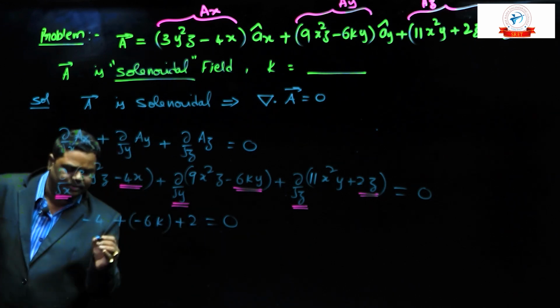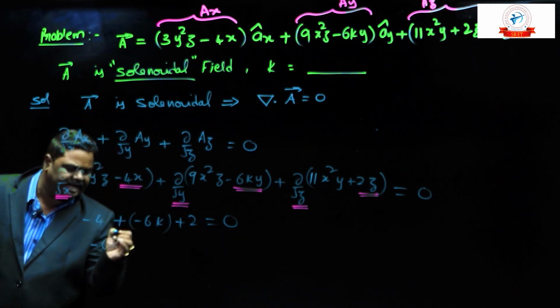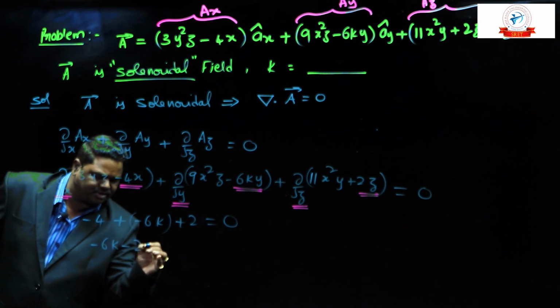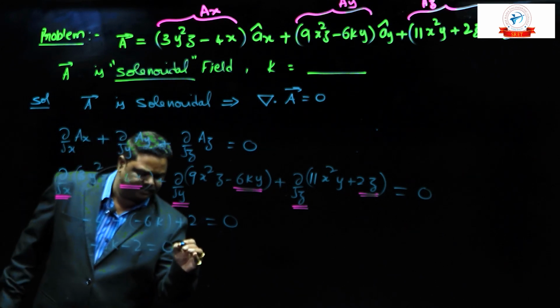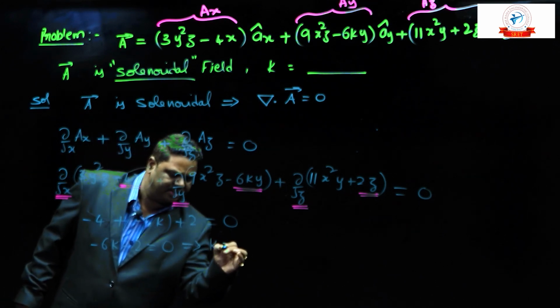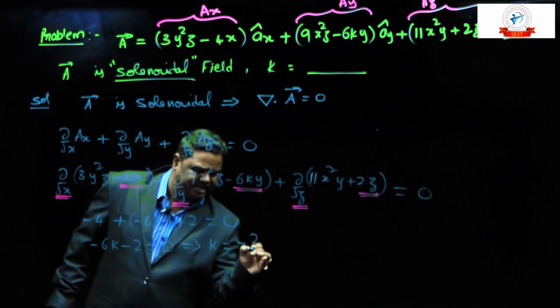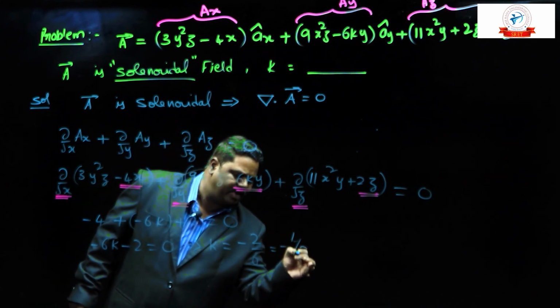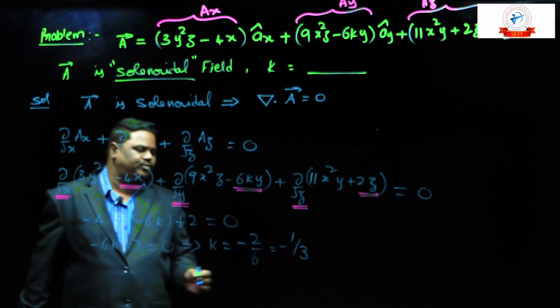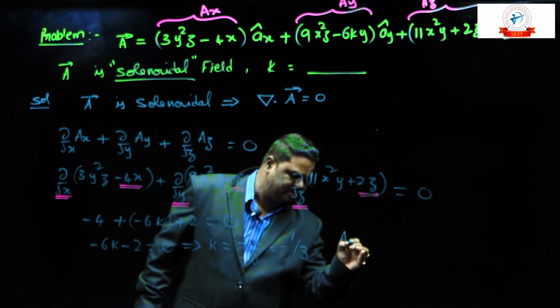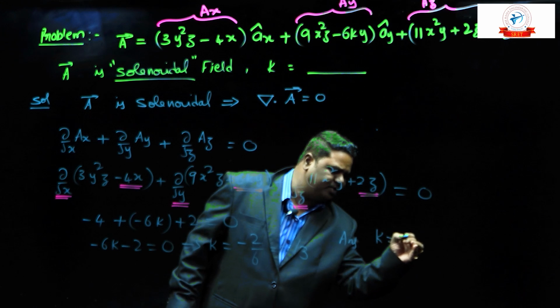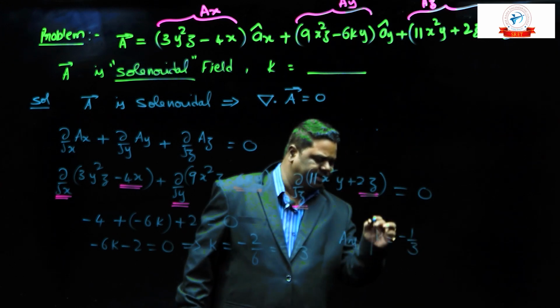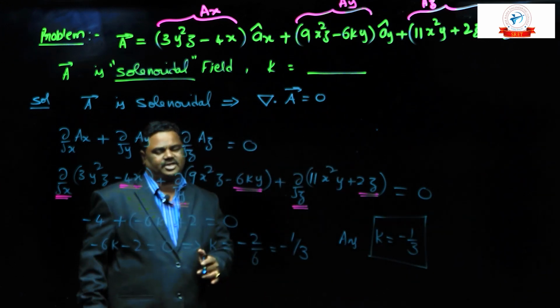So it will be minus 6k minus 2 is equal to 0, which implies k is equal to minus 2 by 6, or minus 1 by 3. Finally, we say that the answer is k equal to minus 1 by 3 when A bar is a solenoidal field.